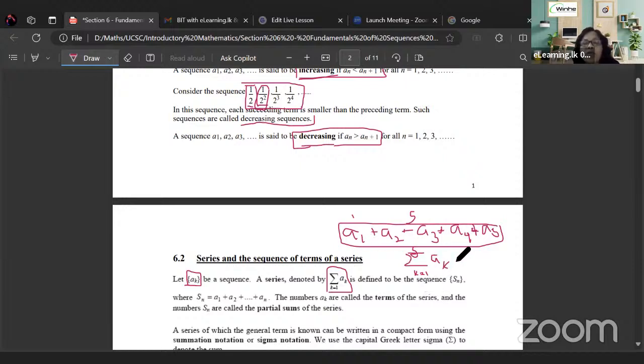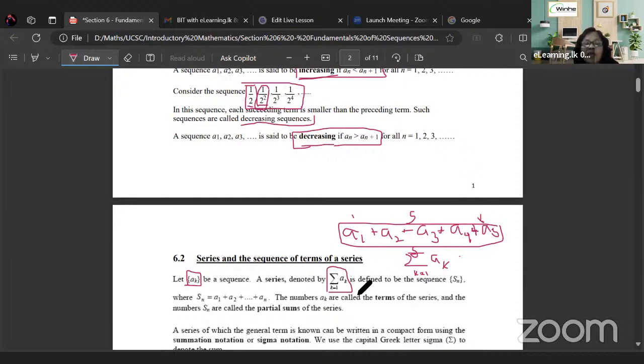මේ දෙකේ එකතුව we can denote using sigma. Sigma k equal 1 to 5 if you consider these 5 terms, right?